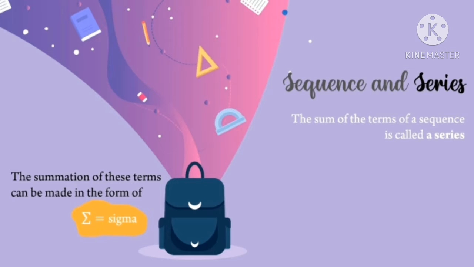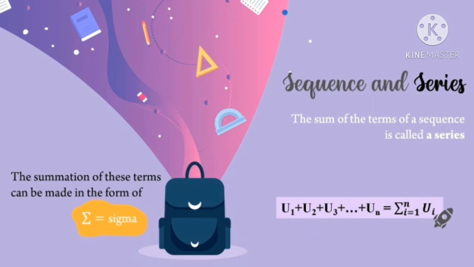The sequence of the terms u1, u2, u3, until un, expressed in the function f(n) equals un, has a series u1 plus u2 plus u3 plus until plus un equals sigma i equals 1 until n of ui.